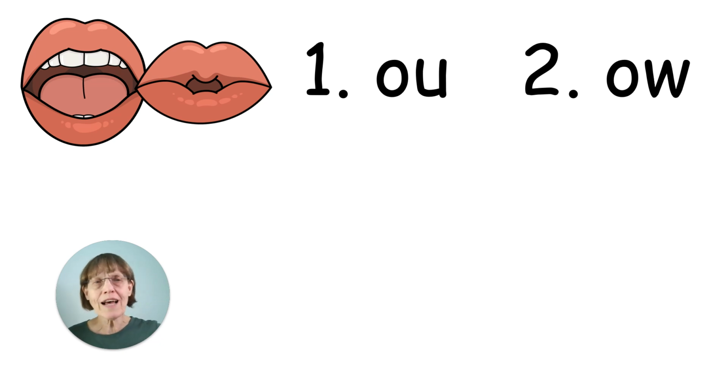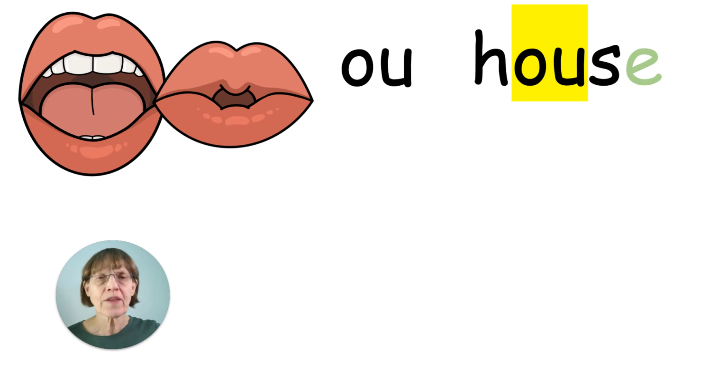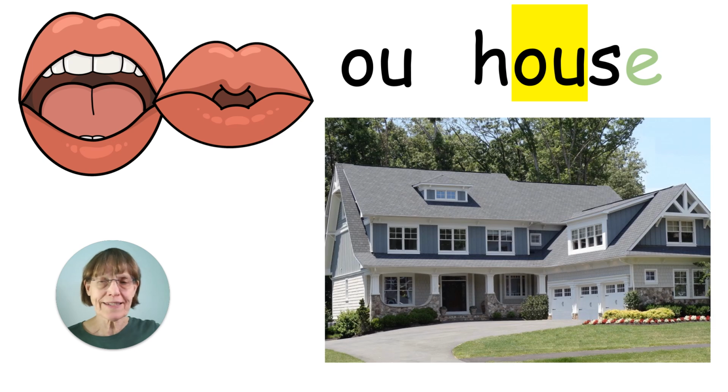We have 2 sounds for ow. O-U, 2 ways of spelling ow. Number 1, O-U, and number 2, O-W. So please read this word. House. House.